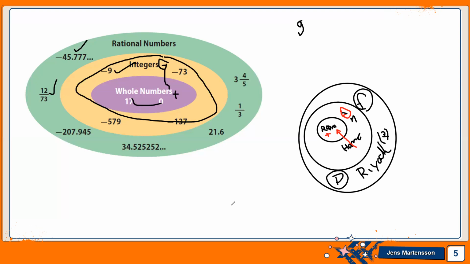Yes, fractions, decimals, and integers. So the rational numbers are positive and negative numbers, positive and negative fractions, positive and negative decimals. Okay.